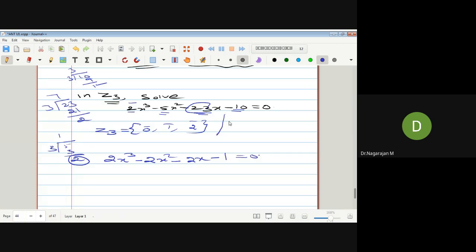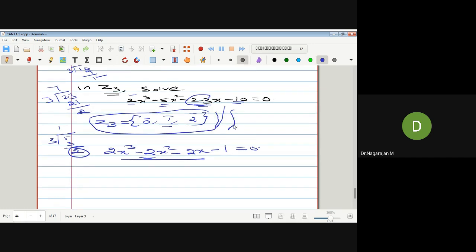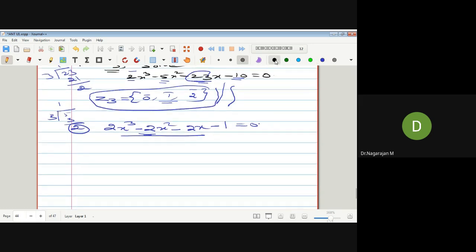Therefore, this equation is approximately equal to this format. But negative values are also there. Negative values are not in this number system, therefore these negative values are also changed to integer modulo 3 format. How to change? Already I explained: minus 2 means minus 2 plus 3, and minus 1 means minus 1 plus 3.